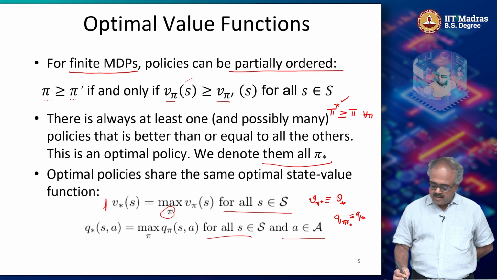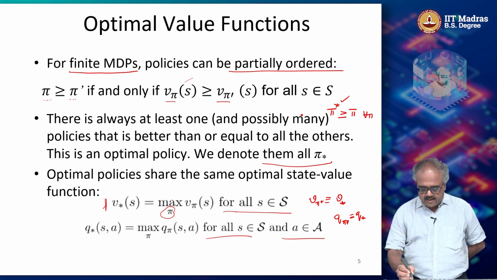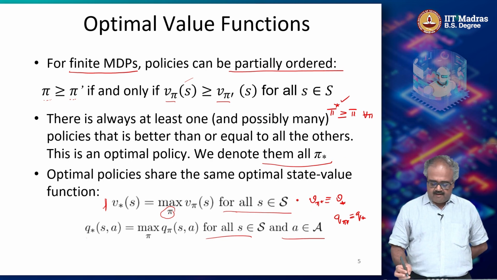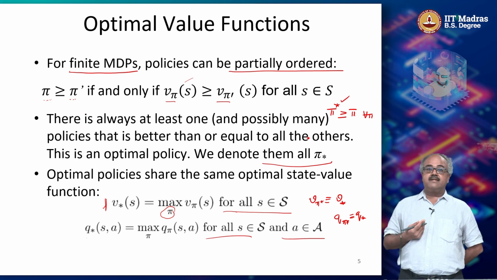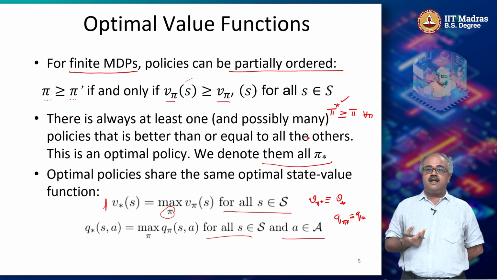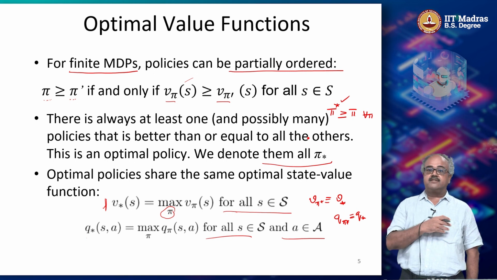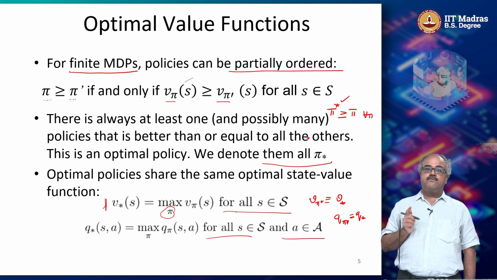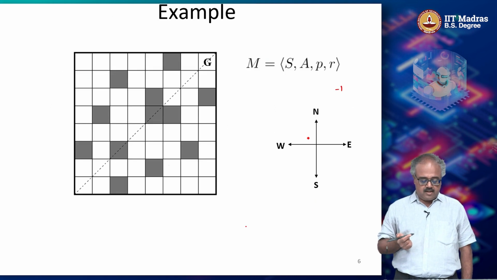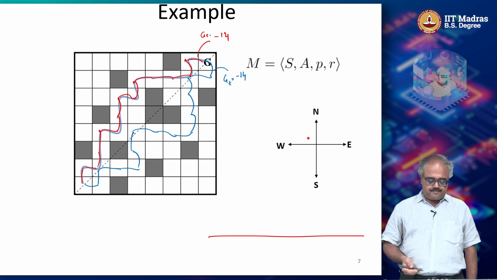Is it fine? So, you have your optimal policy, you have multiple optimal policies pi star, but what we are claiming is that all the policies pi star are going to have the same optimal value functions, whether it is V pi star or Q pi star, it will be the same value function for all the optimal policies, right. So, what we mean by all the optimal policies, right. So, we looked at multiple examples here.